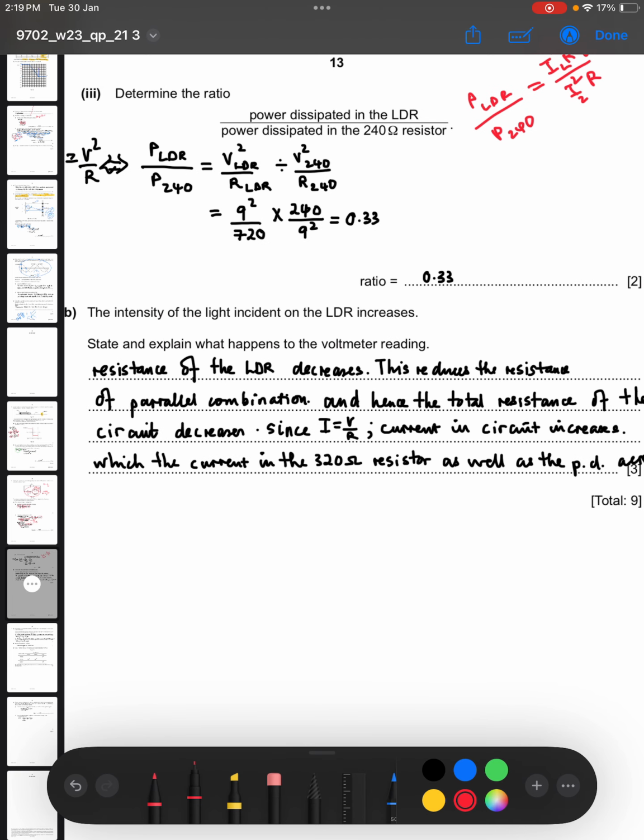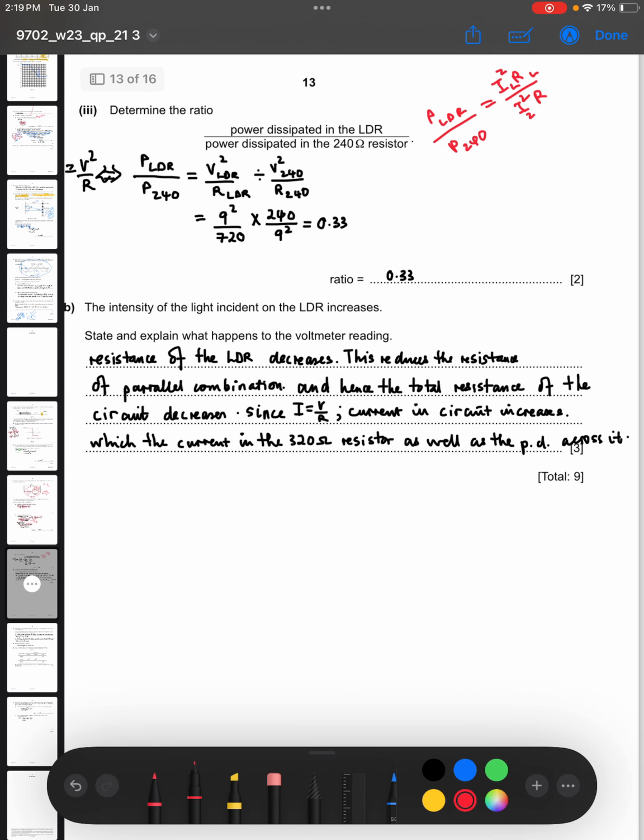Resistance of the LDR decreases, of course, because light intensity has increased. This reduces the resistance of the parallel combination, and hence the total resistance of the circuit decreases.